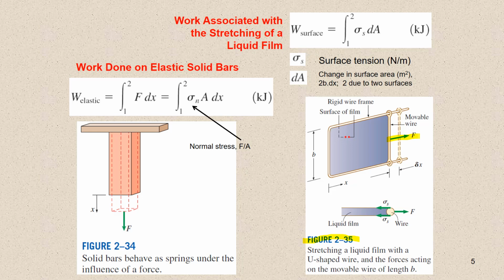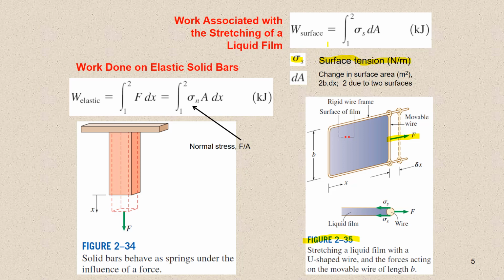This force is used to overcome the microscopic forces between molecules at the liquid-air interfaces. These microscopic forces are perpendicular to any line in the surface, and the force generated by these forces per unit length is called the surface tension, sigma. The units of sigma are newtons per meter.